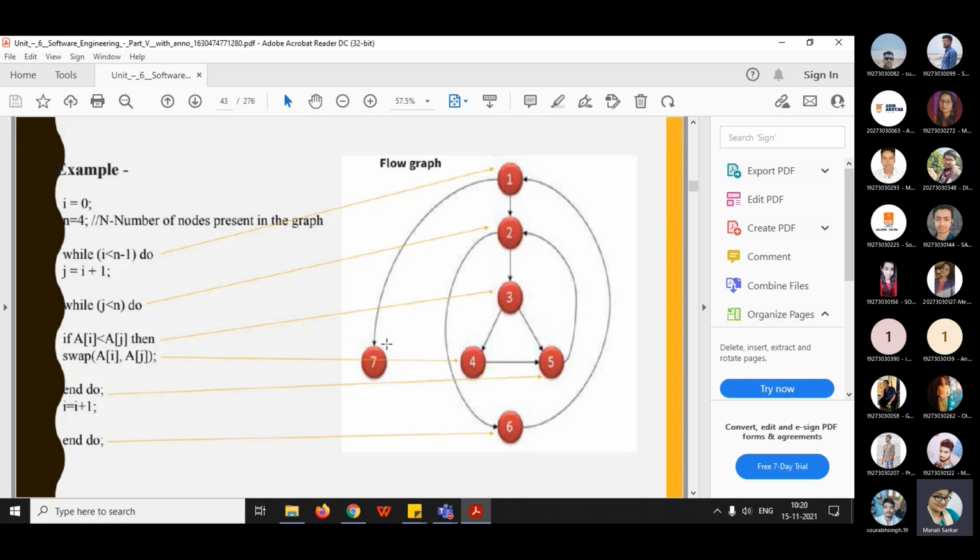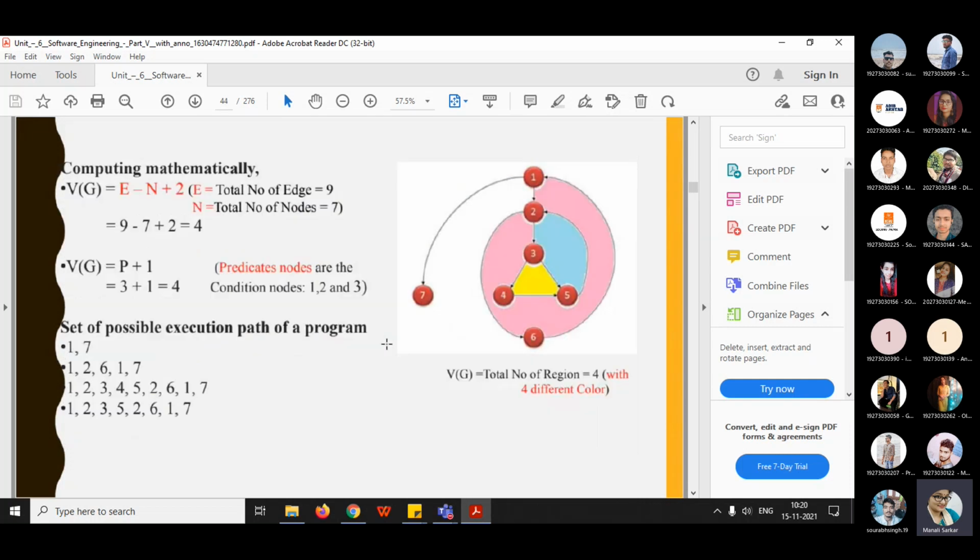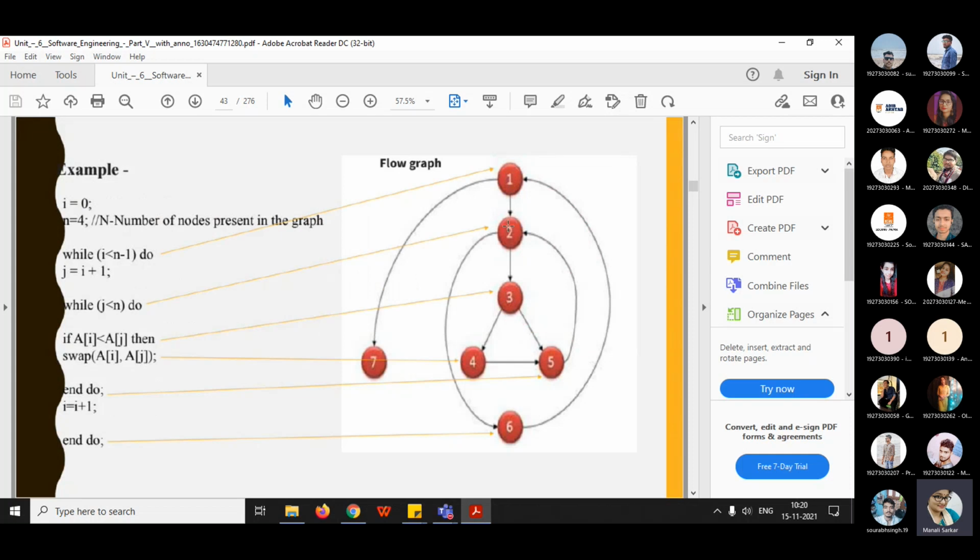Okay, sorry, let me recount: 1 to 2, 2 to 3, 3 to 4, 4 to 5, 3 to 5, that is 5 edges, 2 to 6 is 6, 5 to 2 is 7, 6 to 1 is 8, and 1 to 7 is 9. So 9 edges are there.